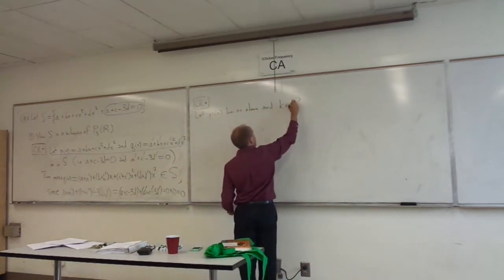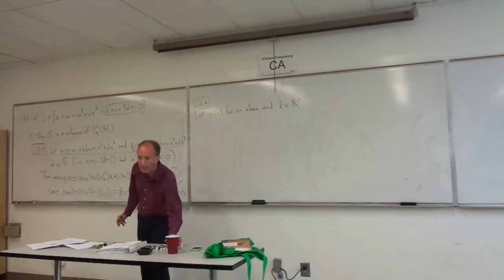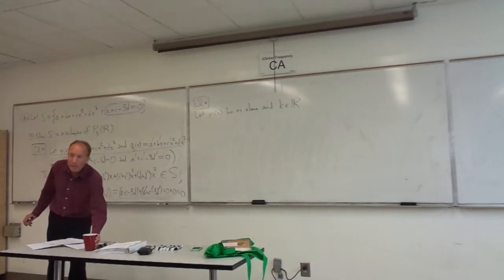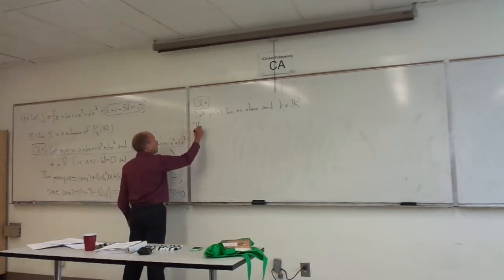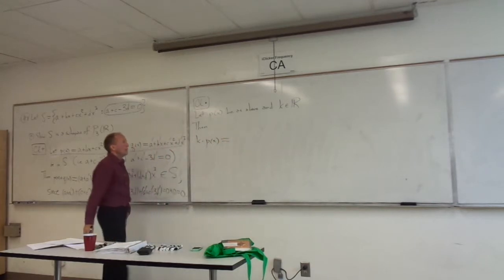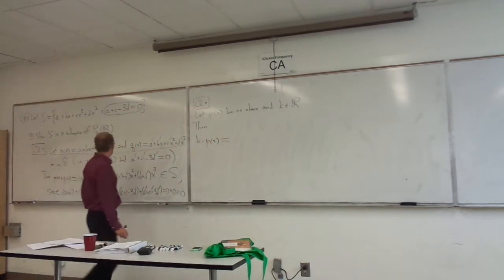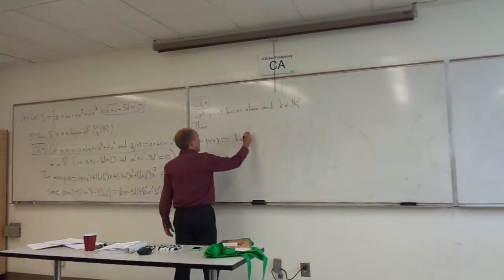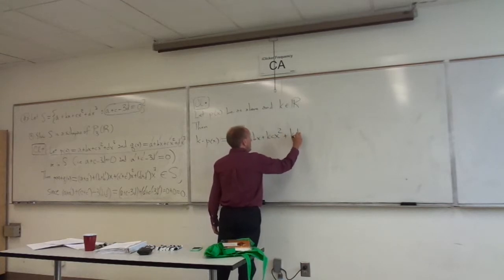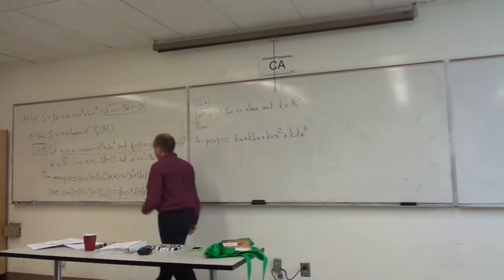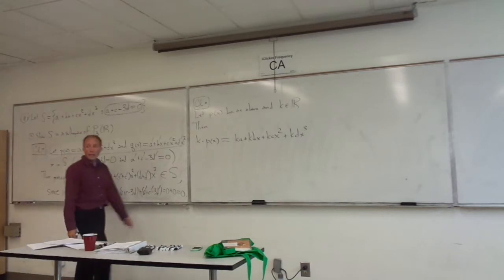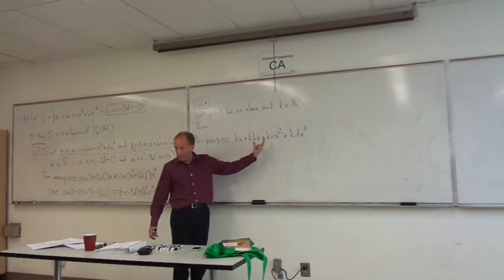Exactly, k is an element of the real numbers. Then we just have to look at k times P of x. And that's just going to be ka plus kbx plus kcx squared plus kdx cubed. And I would like to show that this is an element of S.